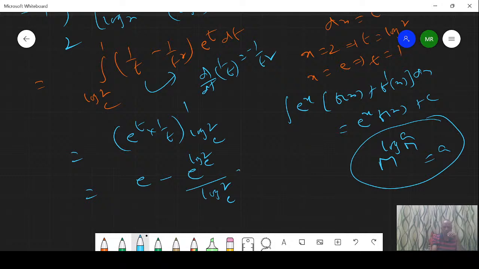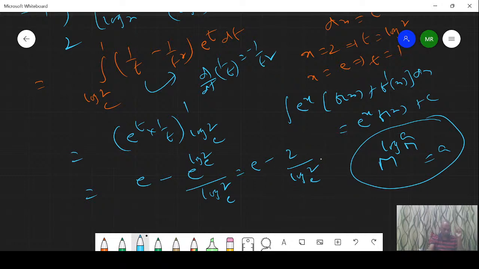Using this, it becomes e minus 2 by log 2 base e. I can write this as e minus 2 upon log 2 base e, upper limit minus lower limit. This is your answer, right?